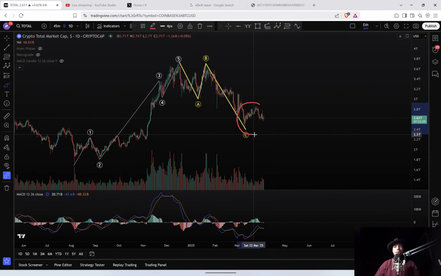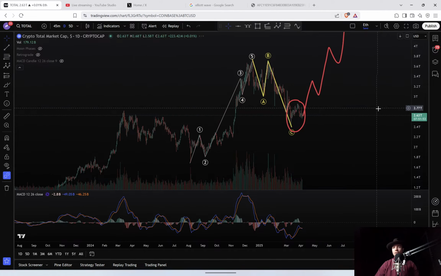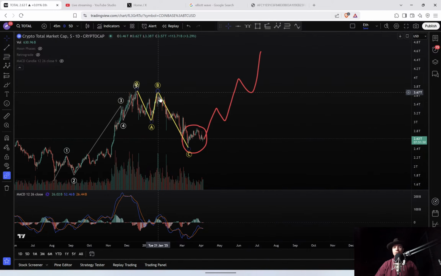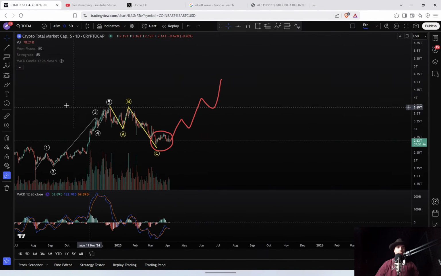At the bottom of wave C, you get pretty excited because you know that there's going to be another bullish Elliott wave impulse coming after, as a result of that ABC correction being completed. So after that ABC correction's completed, you're going to get another bullish Elliott wave impulse, right?